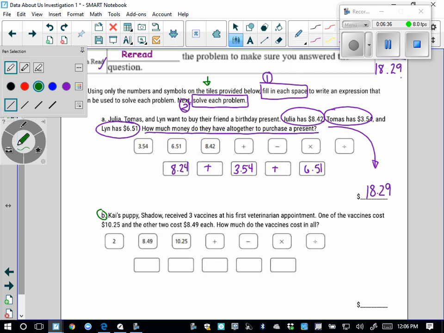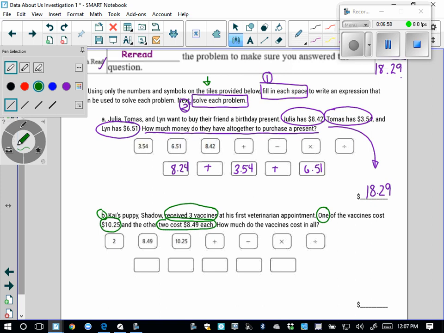Well, I know that it's important that there was 3 vaccines. I think that's useful. And one of the vaccines cost $10.25, but 2 cost $8.49.